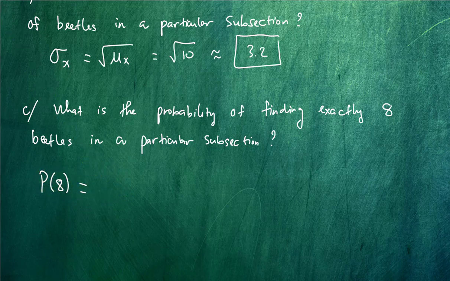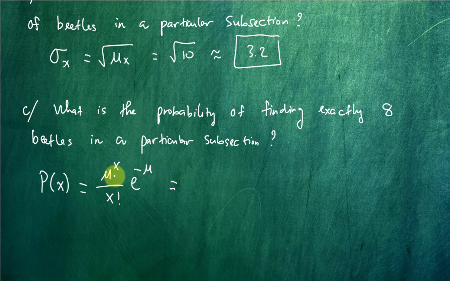So let me rewrite the formula. P of x is equal to mu to the x over x factorial, and e to the minus mu, where mu is the mean value. So this is the simplified formula that you just saw earlier.